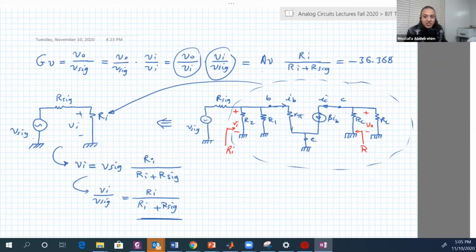Okay, so this is an example in which we did both: the DC analysis and the AC analysis. We used a circuit only for DC, and we used another circuit only for AC, and determined our input, our output, AV naught, AV, and GV as well.